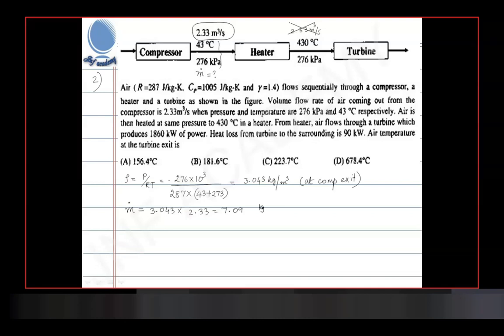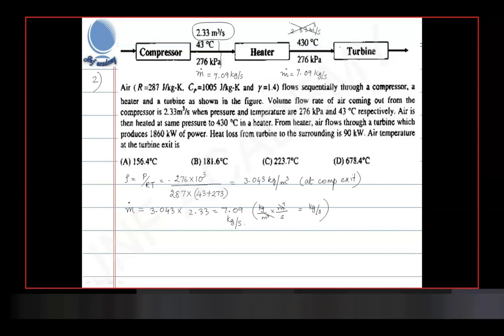Kilogram per meter cube into meter cube per second will make it kilogram per second. So this will be 7.09 kilogram per second. Once you figured out the mass flow rate at this cross section, the same mass flow rate should be present here, 7.09 kilogram per second.